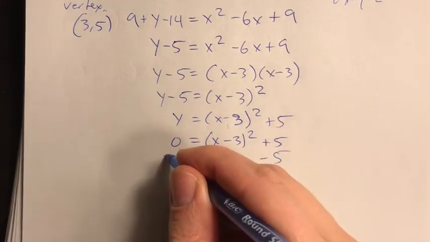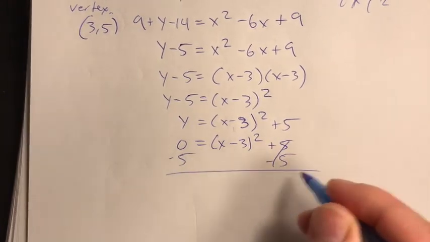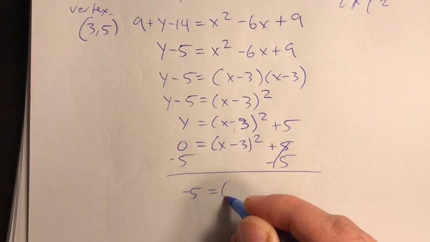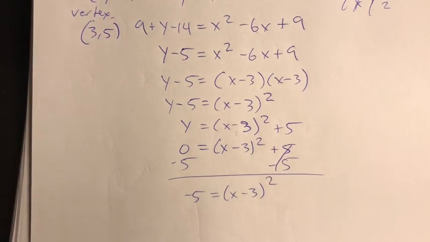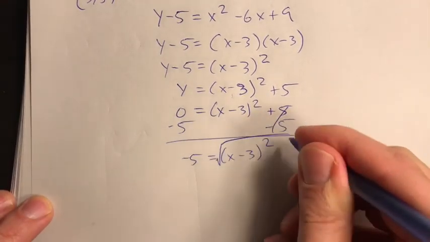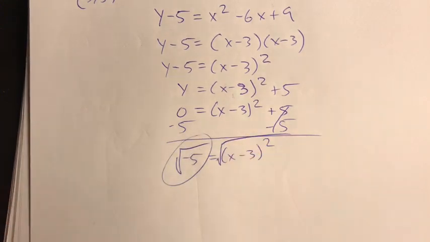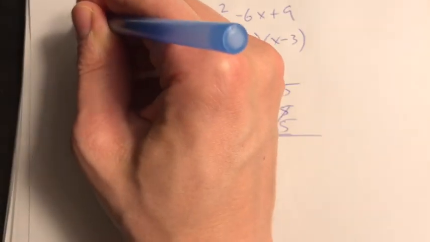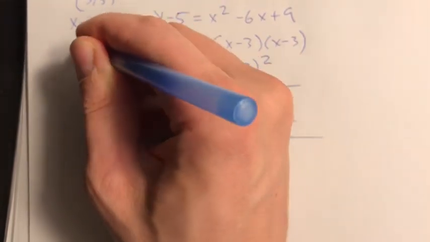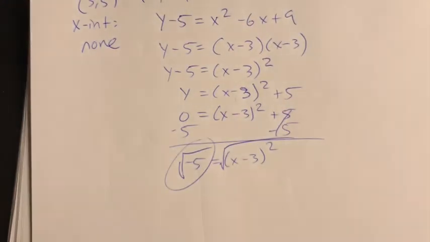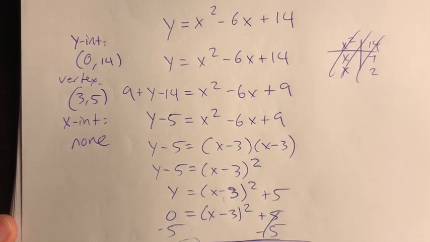So we've got minus 5, and this is not looking like it's going to work because when I go to square root both sides, I get a square root of a negative number, which is not real. So this particular equation is not going to have x-intercepts, and I know that for sure because of that. So I'm going to write x-intercepts: there are none.